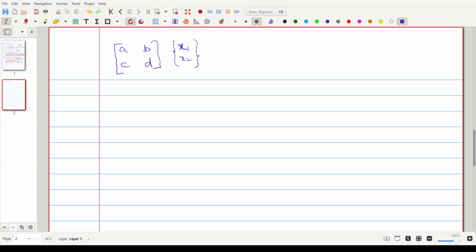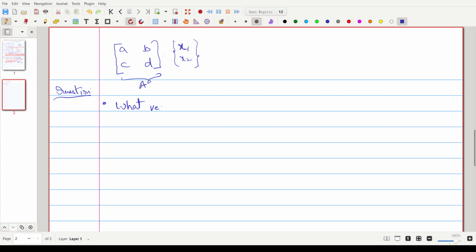And what is that question? The question is, what are the vectors that are just purely scaled by this transformation matrix and not rotated? That is one point of the question.